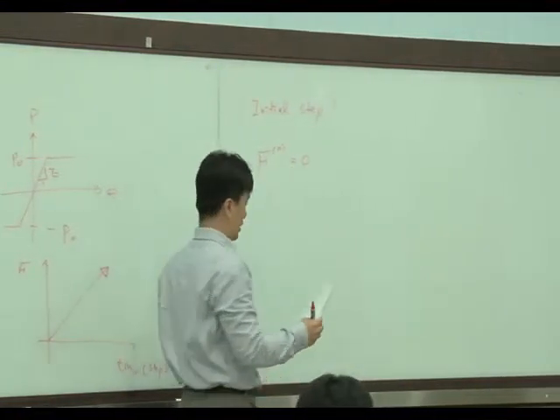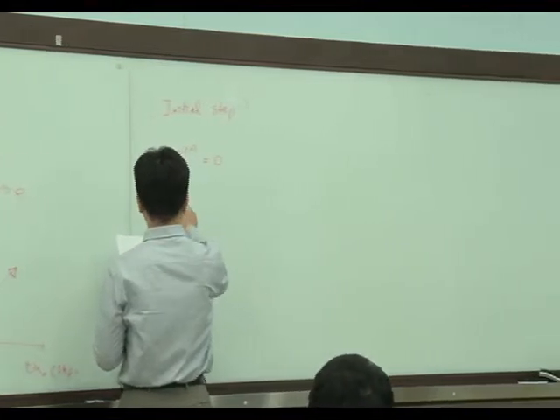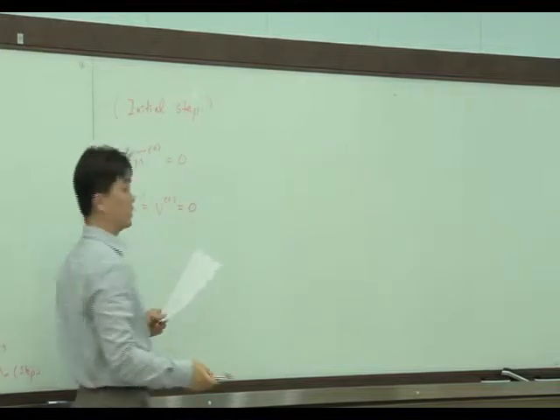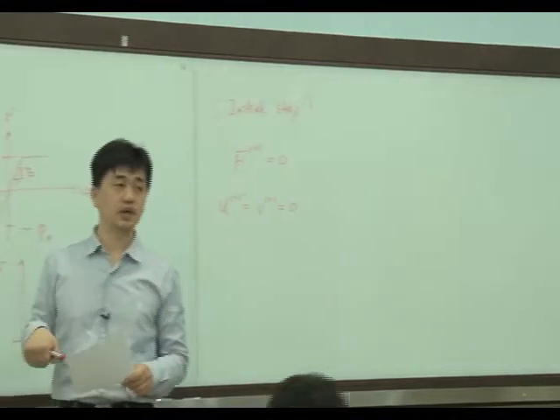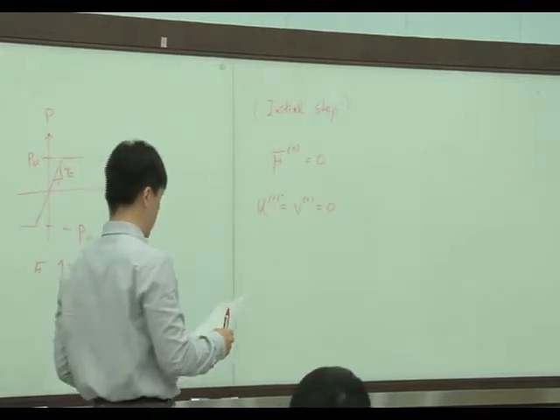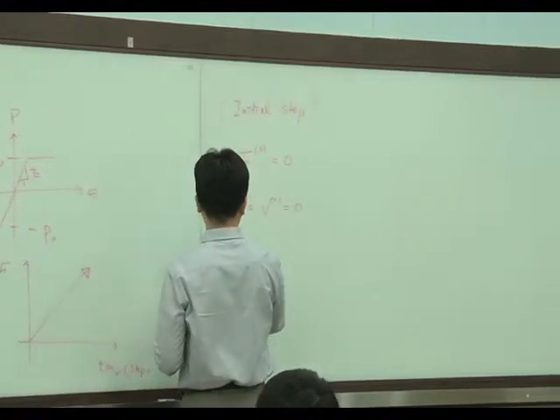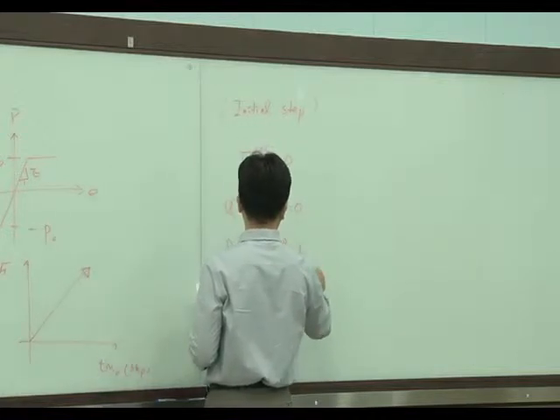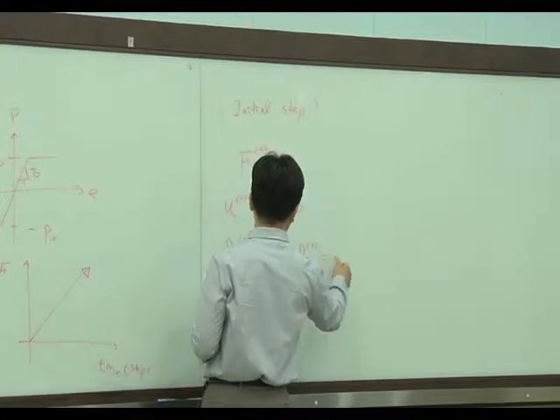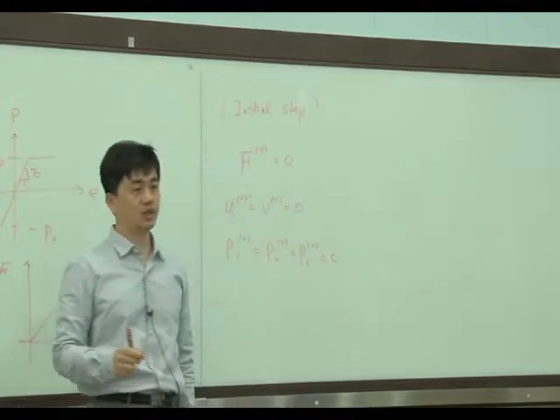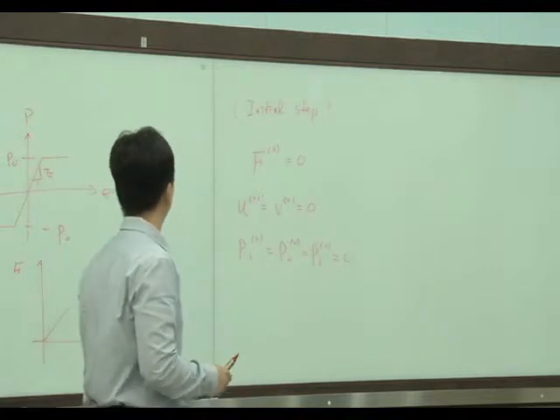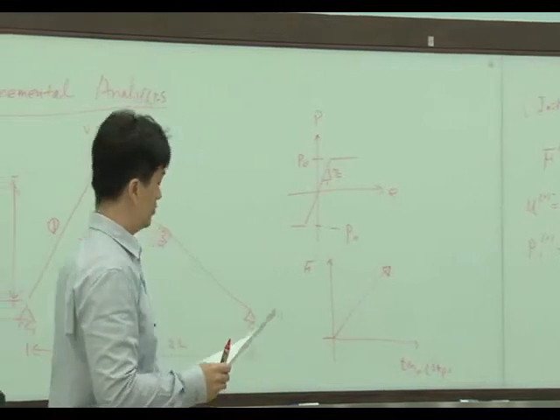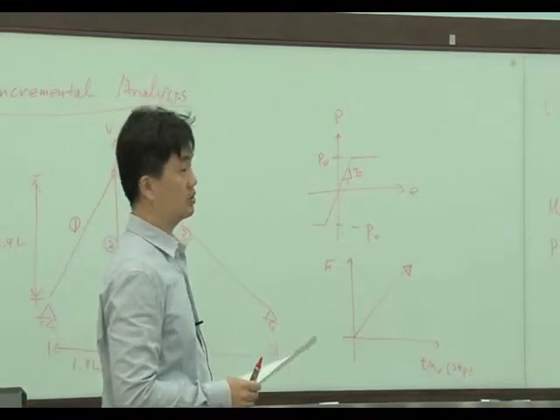And U0 equals V0 equals 0. Initially, displacement is 0, and P1 0 equals P2 0 equals P3 0 equals 0. So the member force of each bar is 0. Okay, the initial step looks simple.